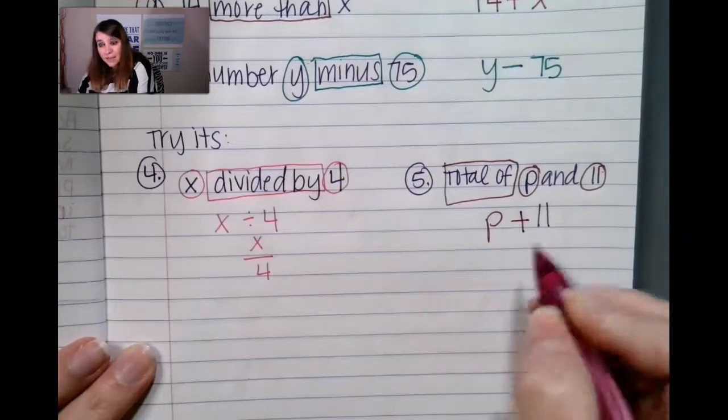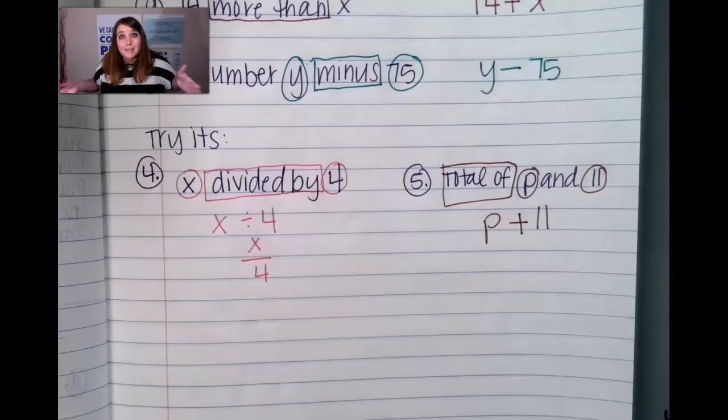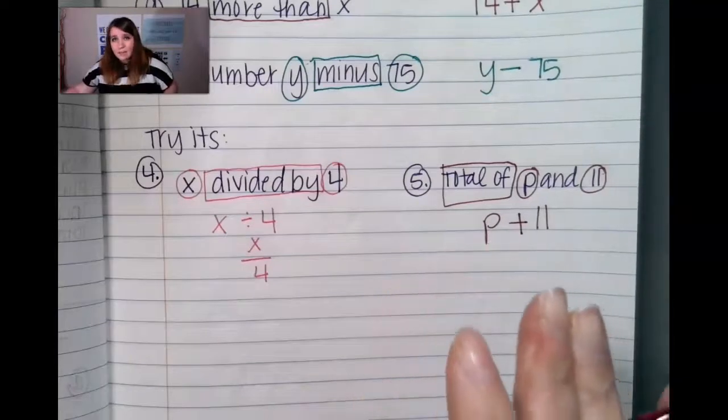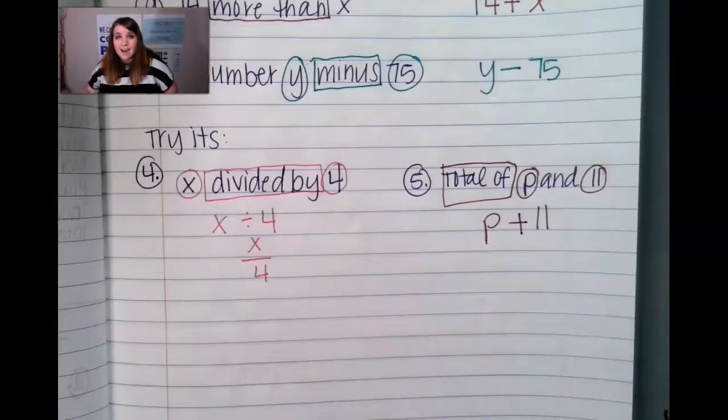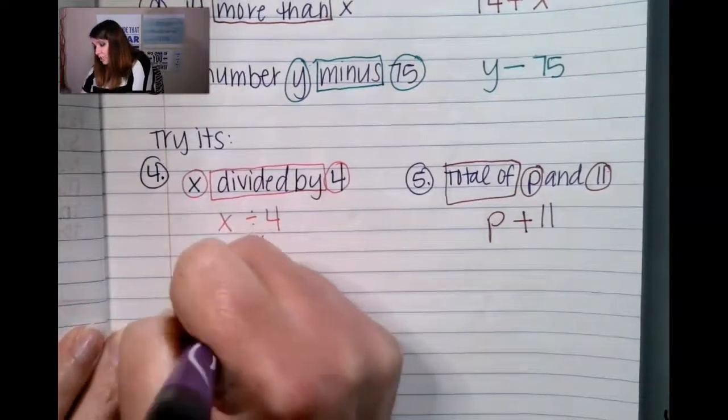So P plus 11, that's it. That's all I'm doing. I'm stopping right there. I'm not doing anything more because I'm not solving. If I put these two numbers together, that means multiplication, and I am not multiplying. I am adding.